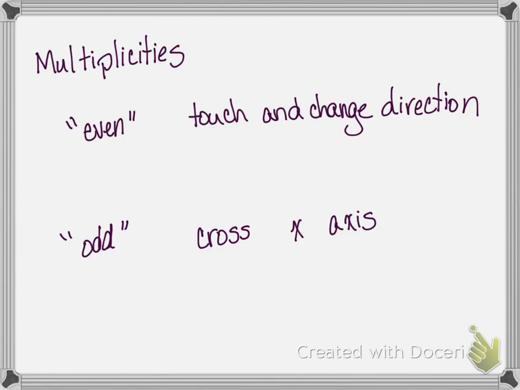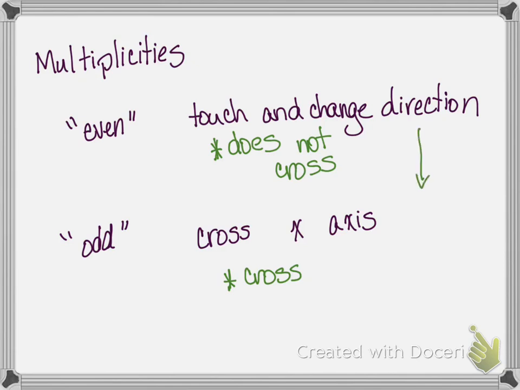So if I have an even multiplicity, my graph does not cross. If I have an odd multiplicity, the graph crosses the x-axis. So if I were to draw a graph right here, if I had an odd multiplicity, it would cross.